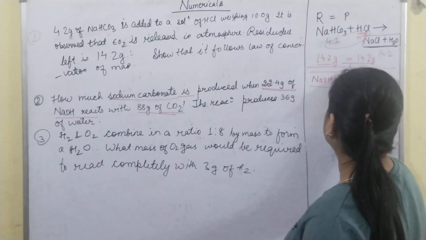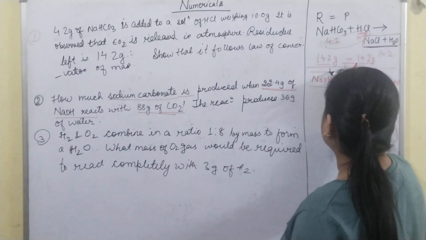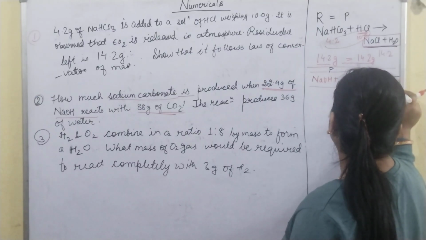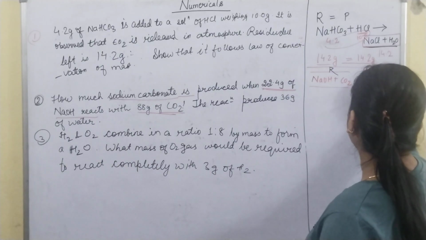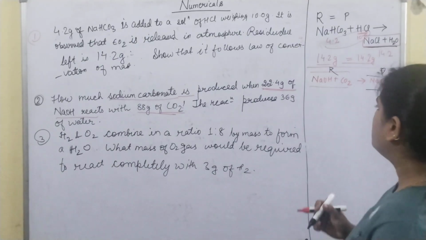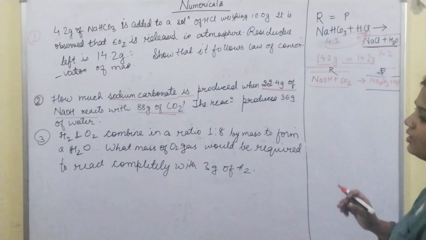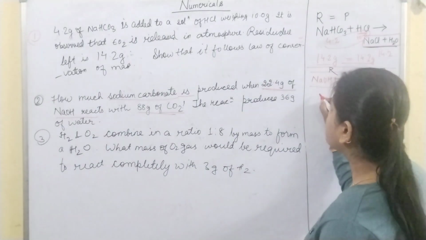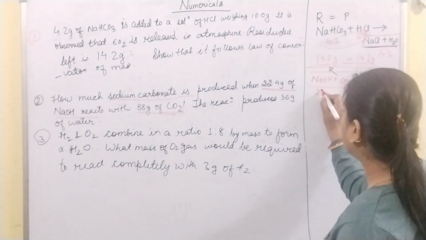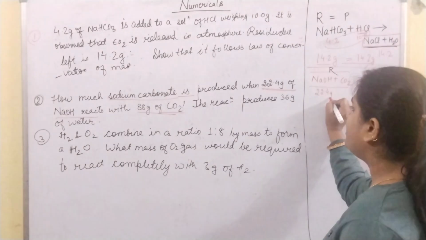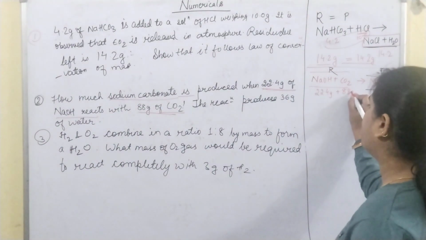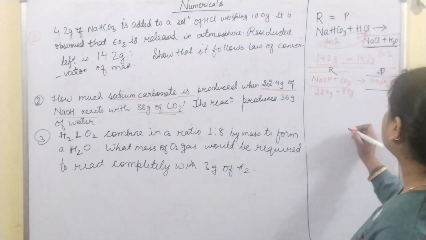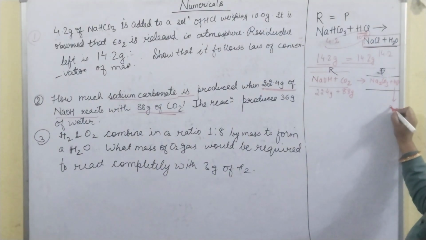This is the reactant and this is the product. For NaOH, the quantity given is 22.4 gram, and carbon dioxide is 88 gram. And the question says the reaction produces 36 gram of water.